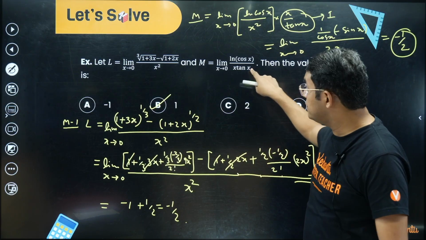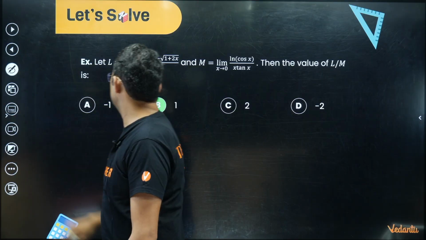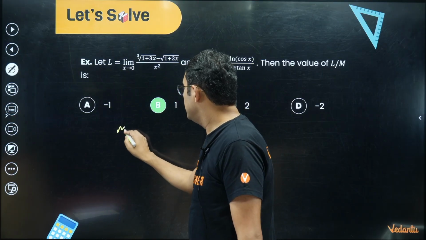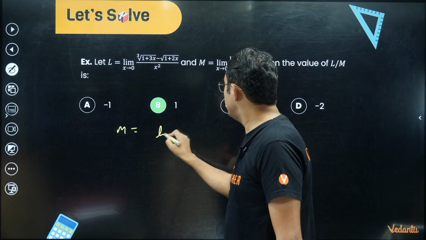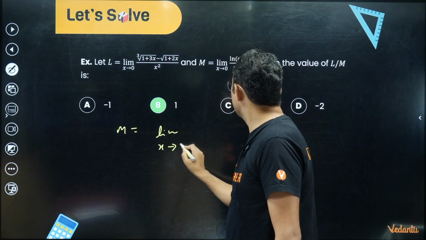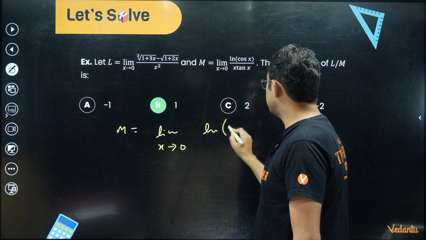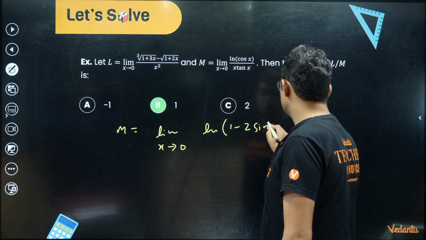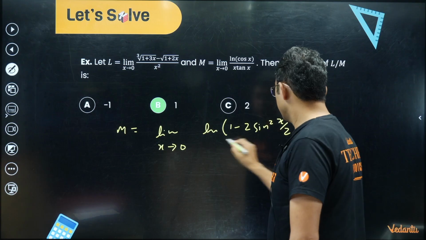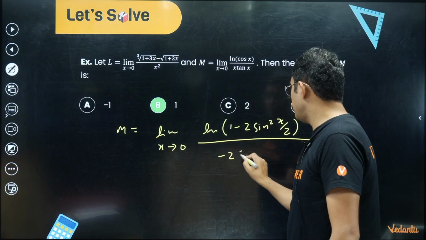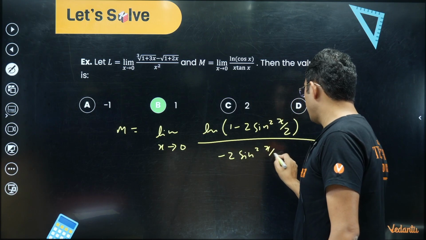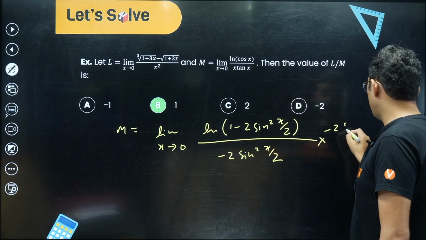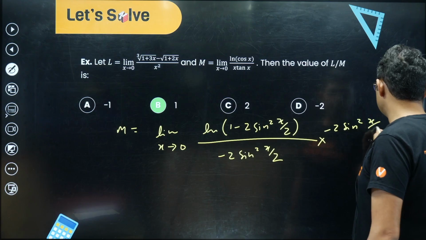I can give you another method for this also. Let me just give you the next slide. For M, the second method could be limit x tending to 0. Okay, and write cos x as 1 minus 2 sine square x by 2. Now, if minus 2 sine square x by 2 is here, for that I have to multiply by minus 2 sine square x by 2.